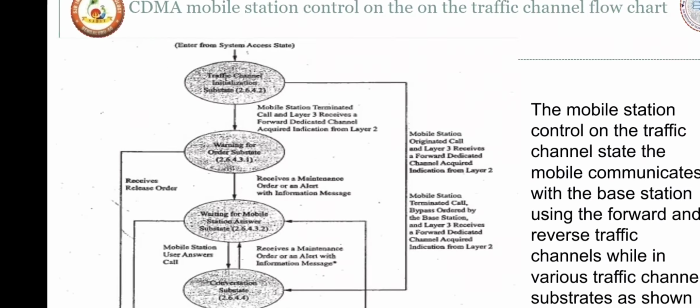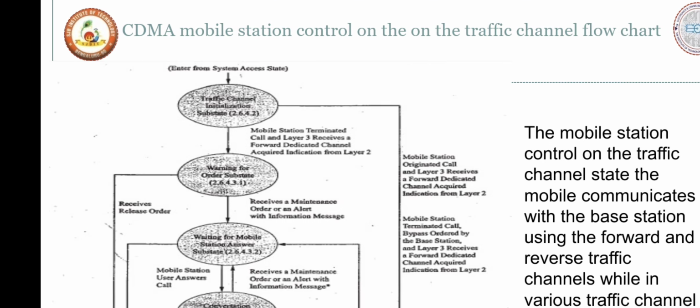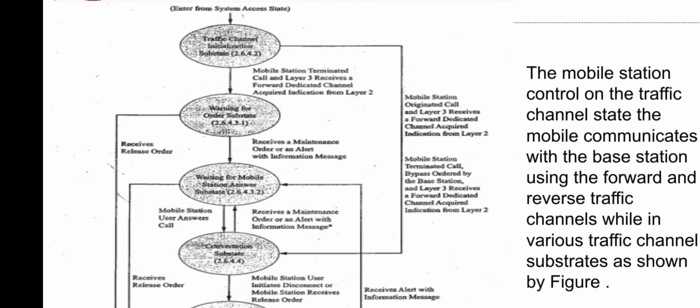From the system access, the mobile enters the traffic channel initialization state. Here, when the mobile station call is initiated, layer 3 receives the forward dedicated channel acquired indication from layer 2.